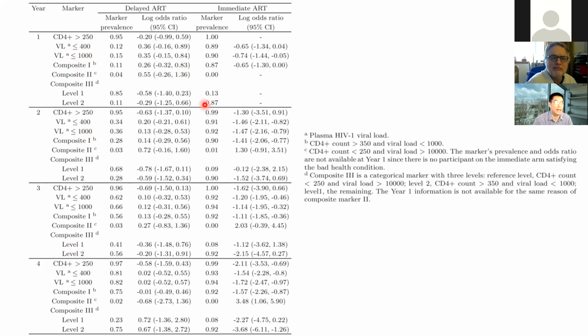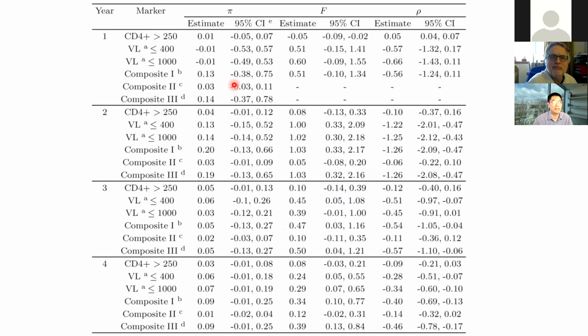We can calculate their distributions in the delayed arm and the immediate arm, and then calculate the PTE, the F measure, and the rho measure for different combinations.